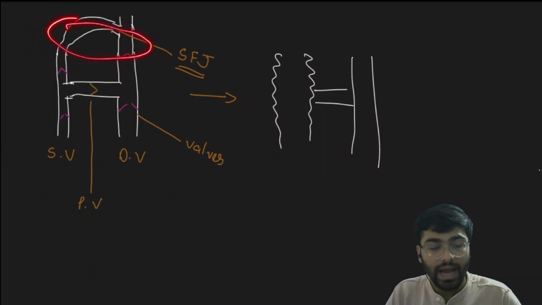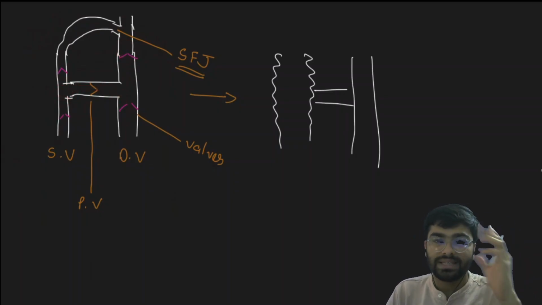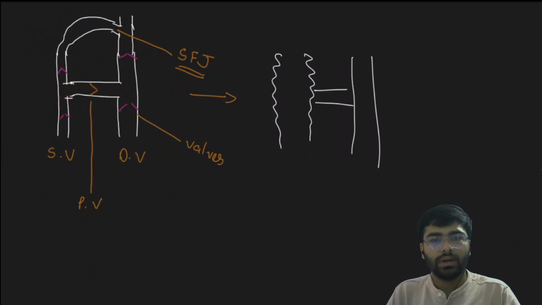Also, if we have tied a tourniquet, that means this is also not functioning. So what will happen? Blood will go from here and get accumulated here, because it is not going up. There is a blockage. So that is why Perthes test is used to diagnose whether we have a problem in the deep vein or not.